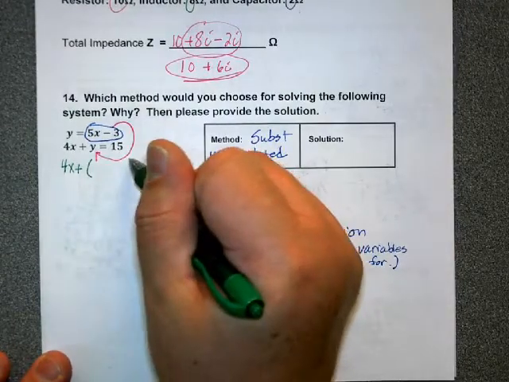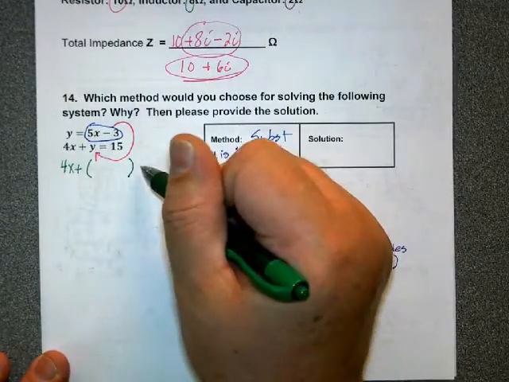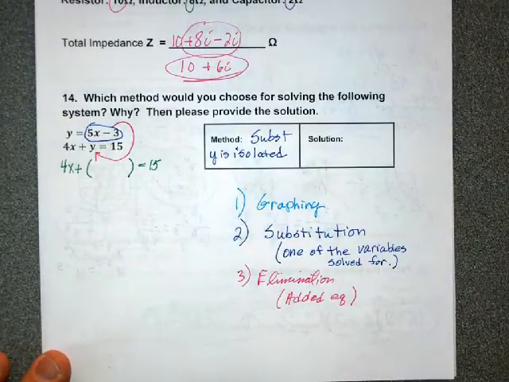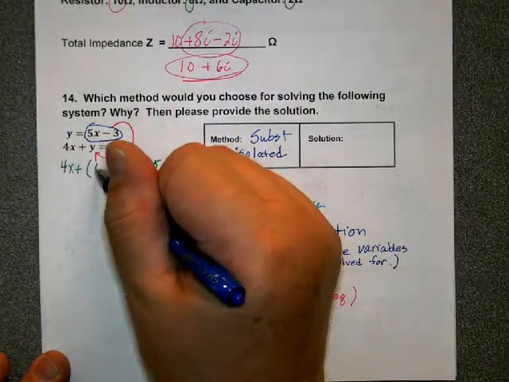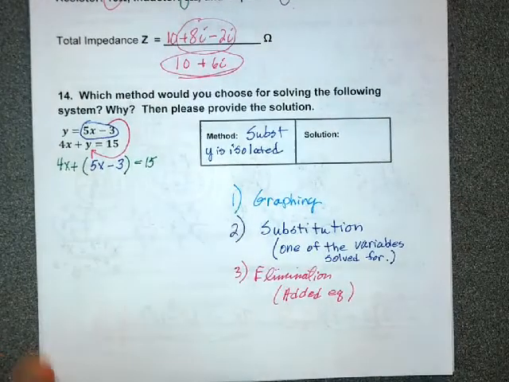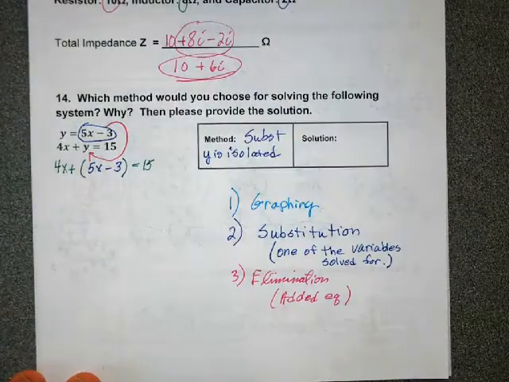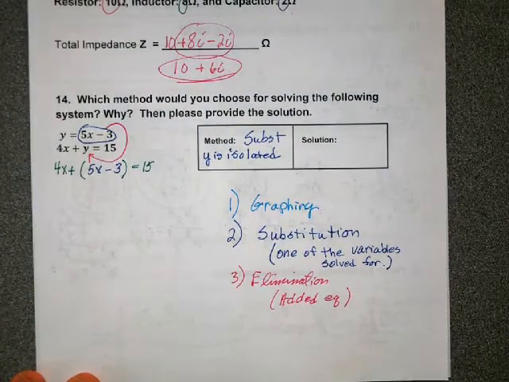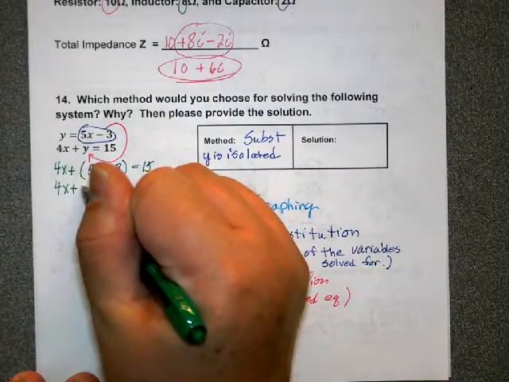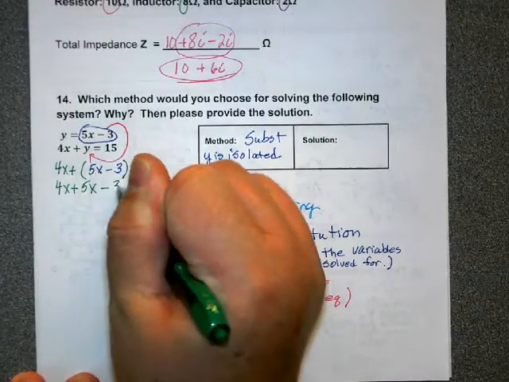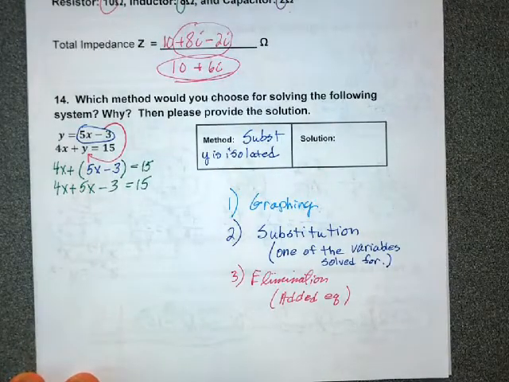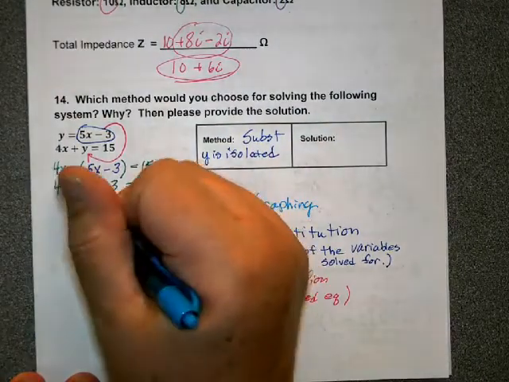And your substitution is 5x minus 3. We have a plus sign out in front, so we can drop the parentheses. Now I can combine like terms. I get 9x minus 3.